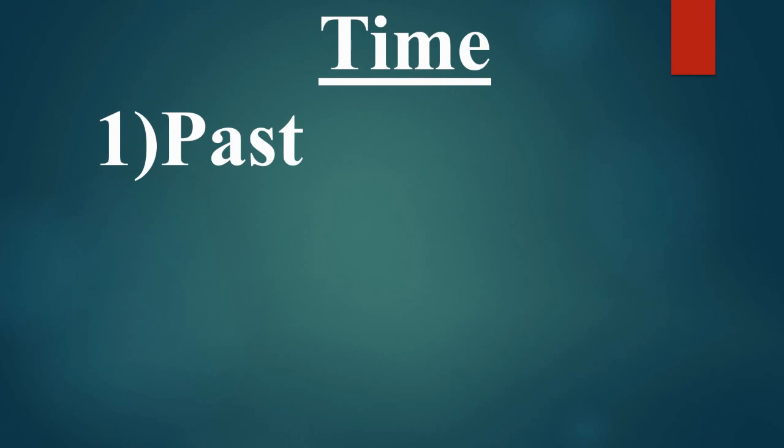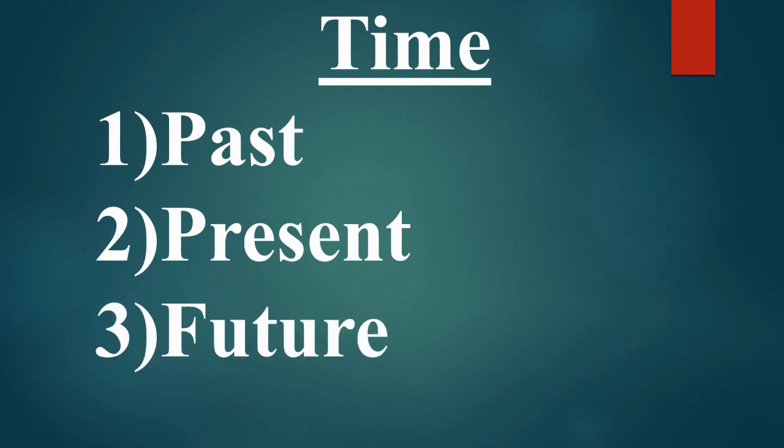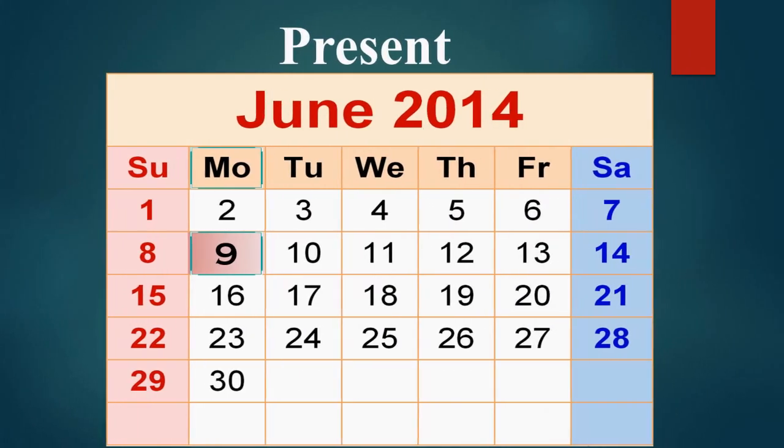Time has three parts. What has gone by is the past. What is going on now is the present. What is yet to come is the future. Today is Monday. So, the word today shows the present time.